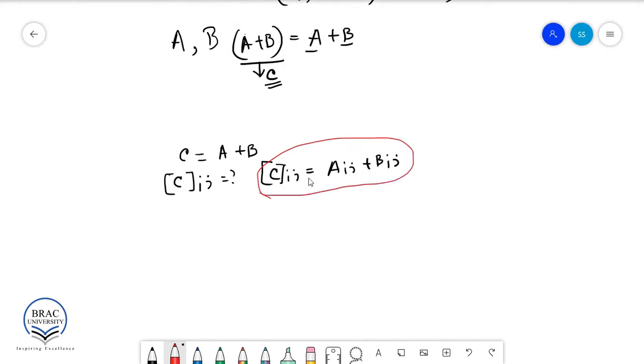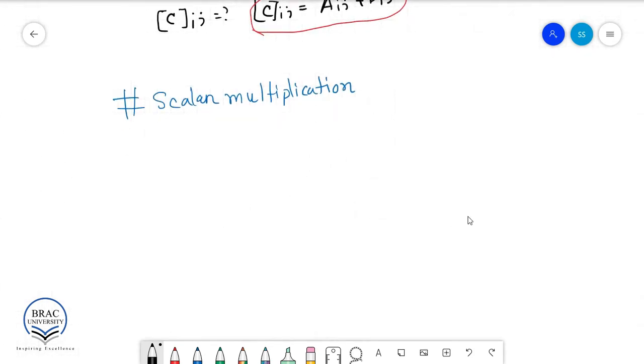Now let's talk about how we can multiply a scalar with a matrix, that is scalar multiplication. So again, let's take a scalar, let's say A equals 3.